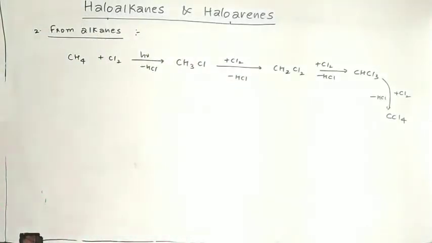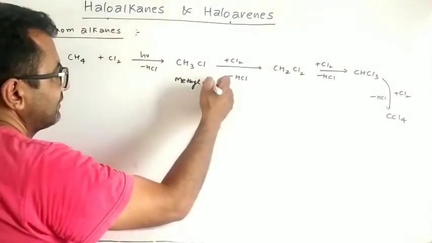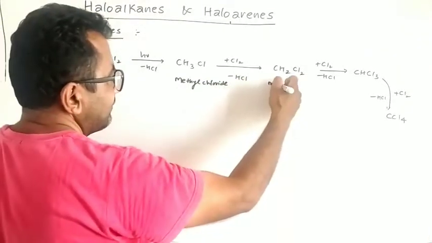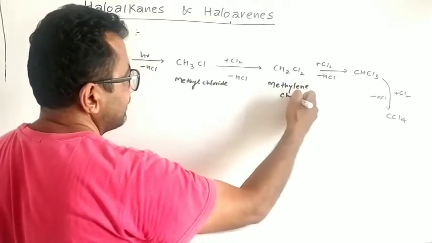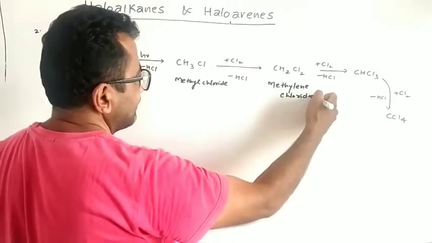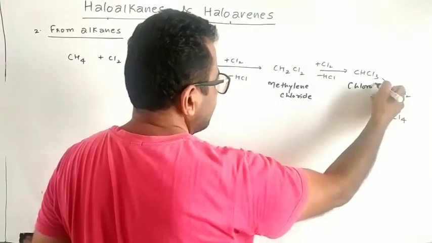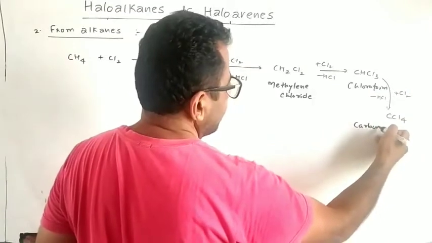So this is methyl chloride. This is methylene chloride. This is trichloromethane, or you can say chloroform. And this is carbon tetrachloride.